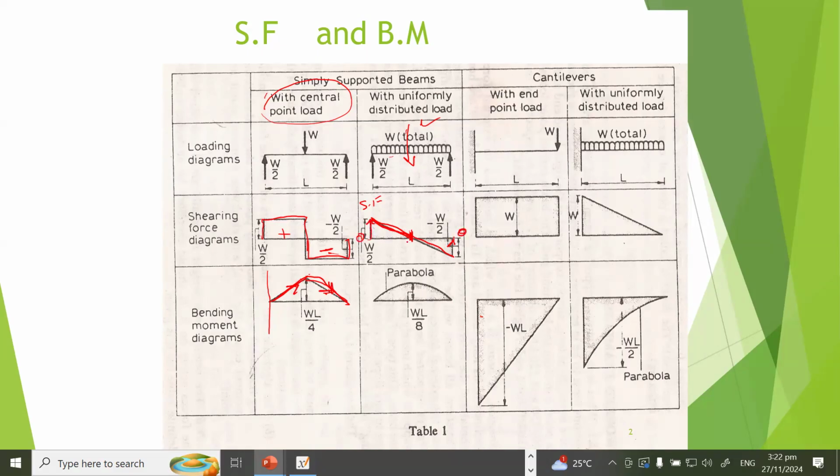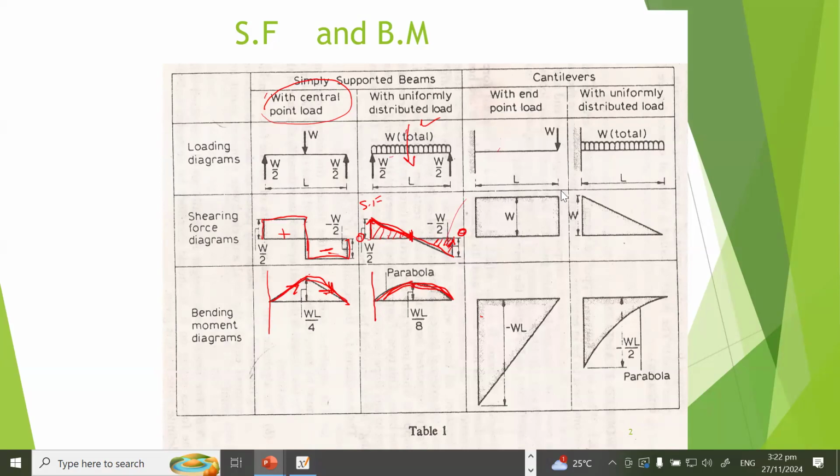Both points at 0. And then now you draw the equivalent. Once the shear force is a slope, the bending moment is parabolic. It's a slope under your UDL, parabolic. Two things you need to remember and it's done.